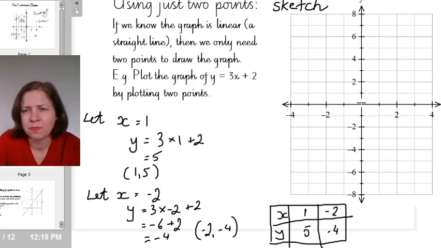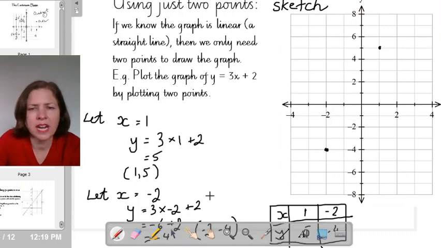All right, let's plot them. 1, 5, so I start at the origin, I go to the right one and up 5 and mark my point. I don't need to label it. Negative 2, negative 4, go down to there. And then I'm going to join them with a straight line.